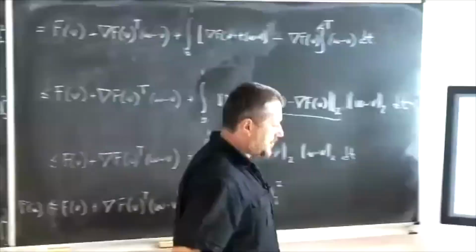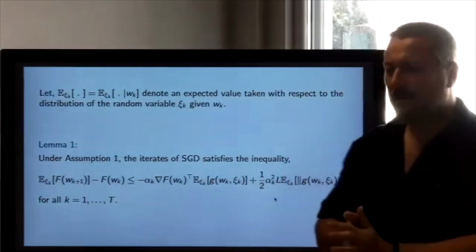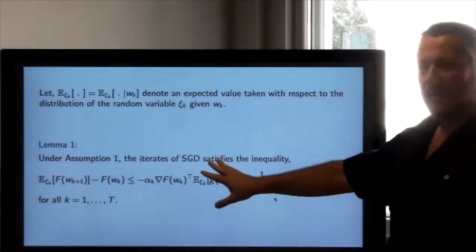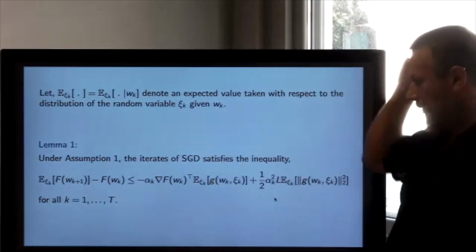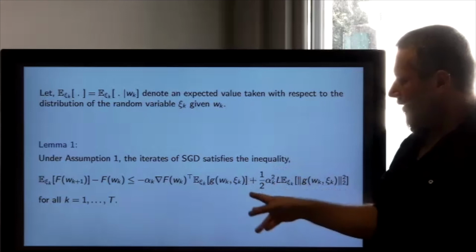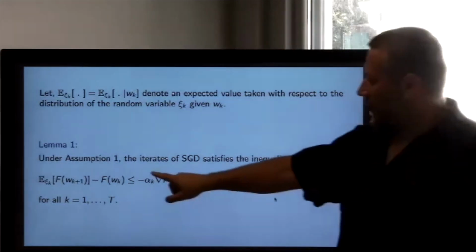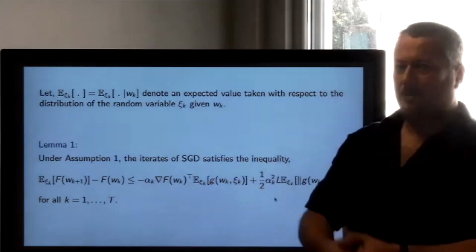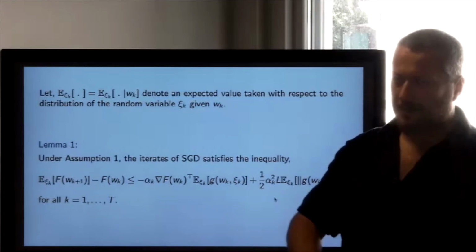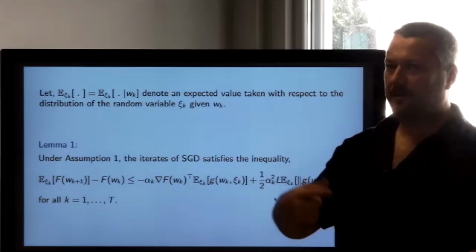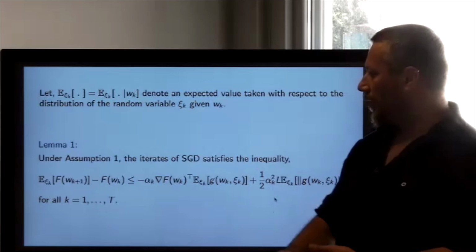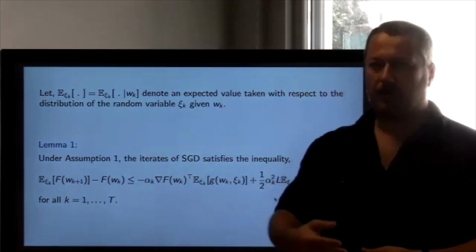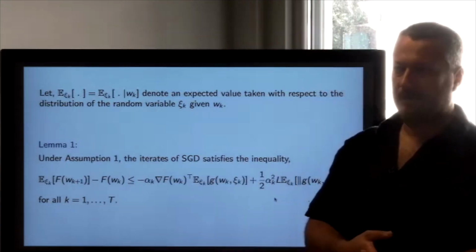I don't have much time, so I'm going to stop here for today with this lemma. But let's look at this lemma. What does it say? It says, let's assume we are at the point omega k, and then you take a stochastic gradient descent step, and you move to the point omega k plus 1.